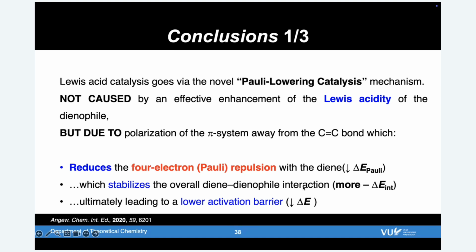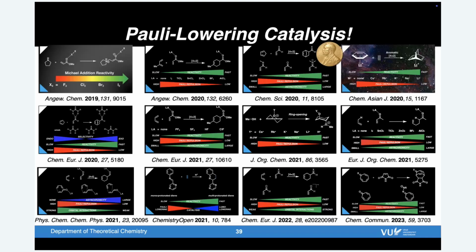So at first we wondered, is this really just specific to this Lewis acid catalyzed Diels-Alder reaction? And it is indeed quite a general phenomenon. So this whole saga started with understanding how dihalogens catalyze Michael additions. And that's also Pauli-lowering catalysis. Here you saw the paper I just discussed.